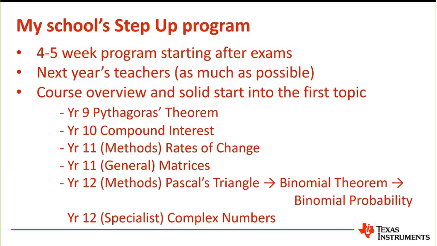For transitioning into the Year 12 Specialist Maths course, I've started with complex numbers. Once again, something that the TI-Nspire calculator really can give students an edge and an understanding of, wow, I can really crunch these and convert between polar and Cartesian coordinates and the like fairly quickly.